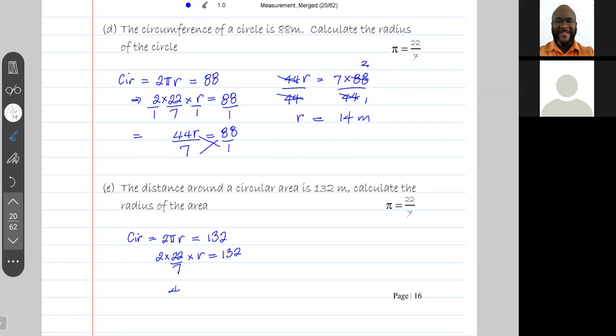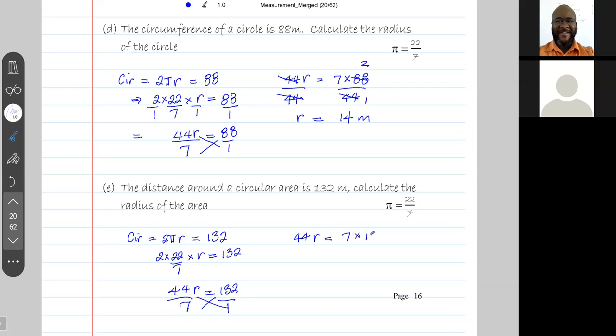So up top we have 44r over 7 is equal to 132 over 1. If I have one fraction equal to one fraction, I want to get rid of the fractions. I'm going to cross multiply. So 44r is equal to 7 times 132.